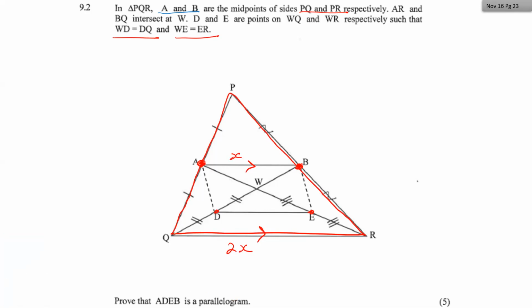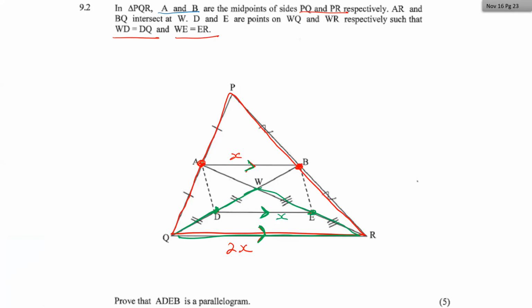If we now look at the smaller triangle, the one I'm drawing in green, you can also see that D and E are midpoints there, which means that this line is parallel to QR. But remember, QR is parallel to AB. And if QR is equal to 2x, then DE is equal to x, midpoint theorem.